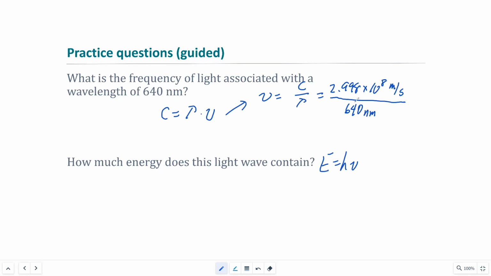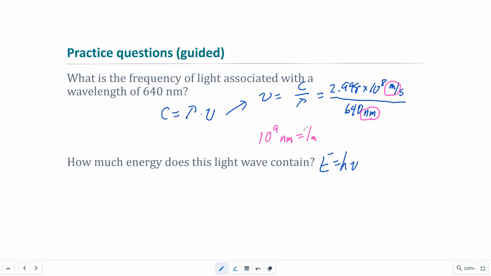Now, before we go punching this into our calculator, we need to recognize that we have a unit mismatch in our distances. Speed of light is in meters per second. The wavelength of light is in nanometers. This is where our knowledge of the metric system is going to come in handy. We should know that there are 1 billion nanometers in 1 meter.